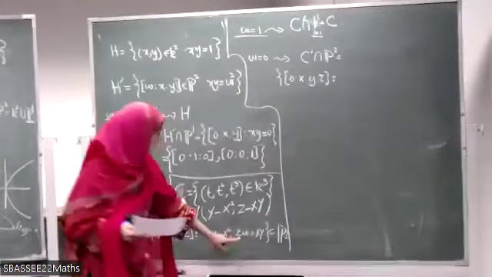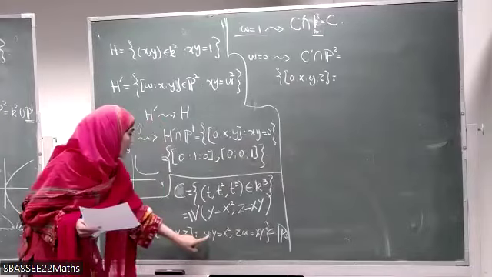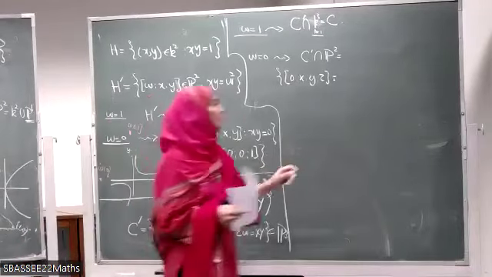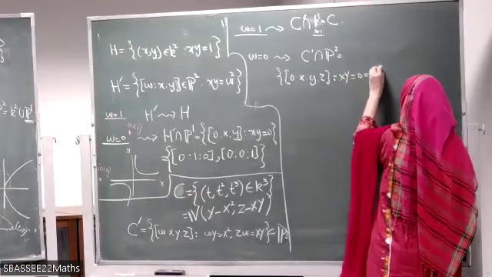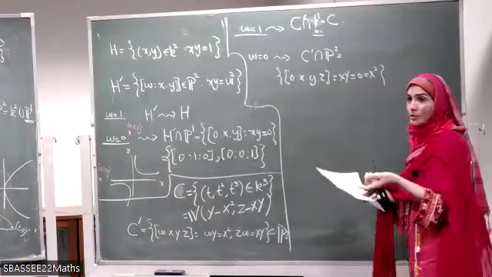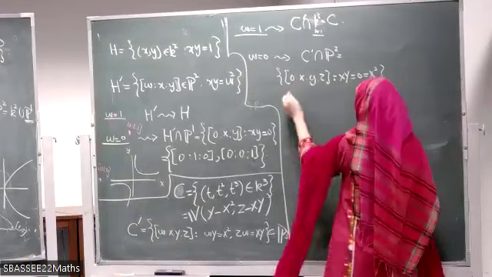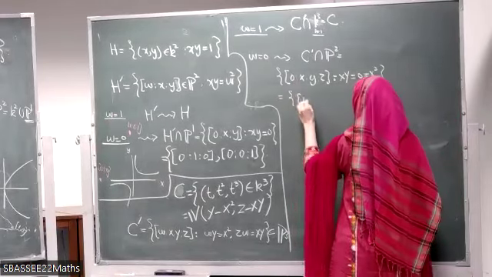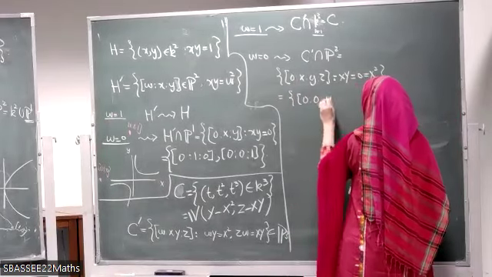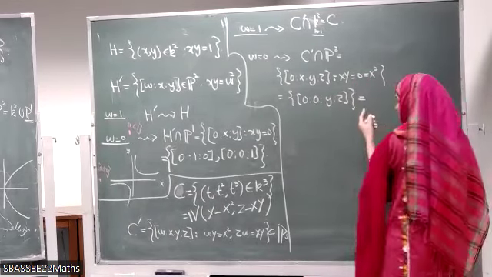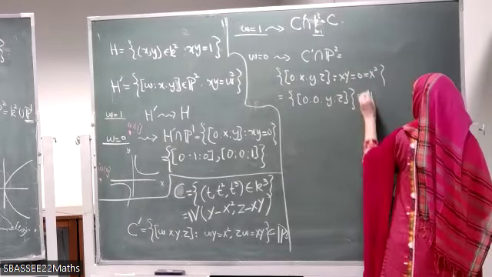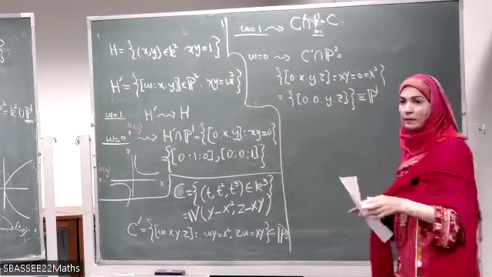If you go here, xy is equal to 0 and x squared is equal to 0. So xy is equal to 0 and x squared is equal to 0. This means that x is equal to 0. That's it. So x is equal to 0, so you will get this thing. And this is sort of the same as P1. Agree?